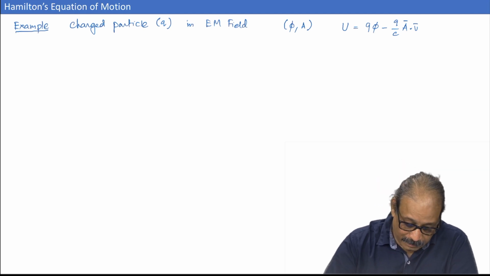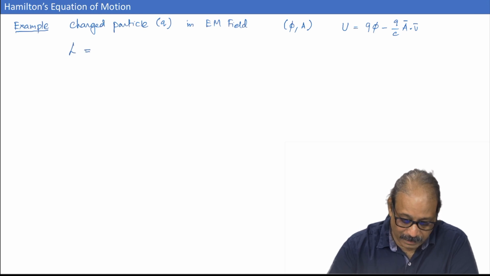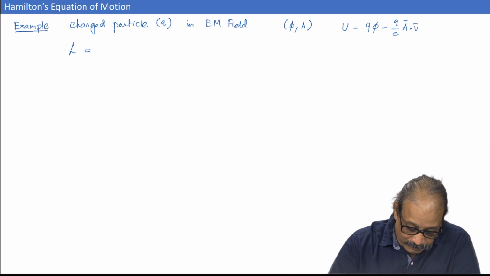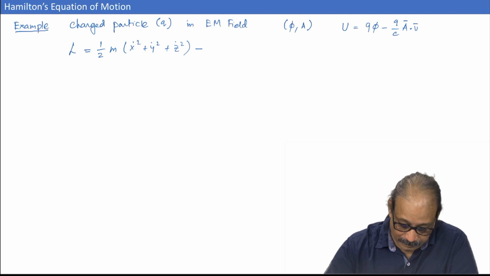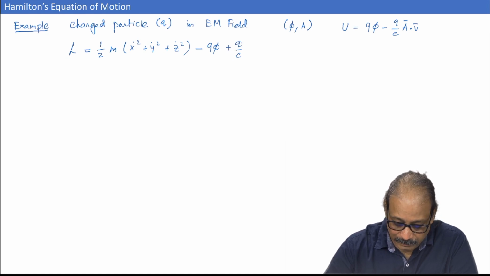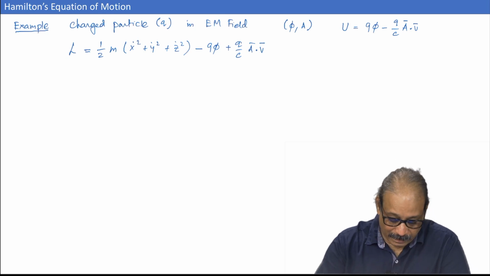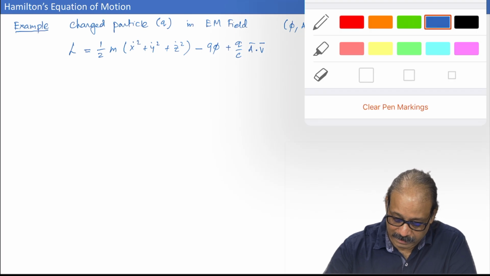Okay. Now, let me write down the Lagrangian for this particle. Lagrangian L will be equal to, the kinetic energy is nothing but half m times (x dot square plus y dot square plus z dot square) and minus this potential. So, that is minus q phi and plus q by c A dot v. I will write this A dot v also in the expanded form.